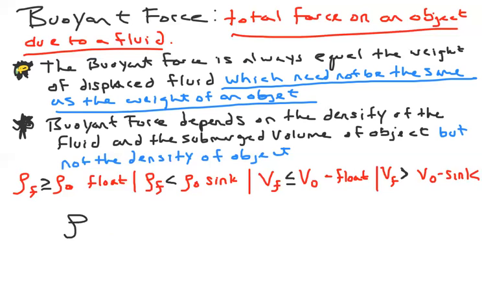So if something's floating, let's say it's a really, really heavy object. Well, the density per volume of water is going to have a certain number.